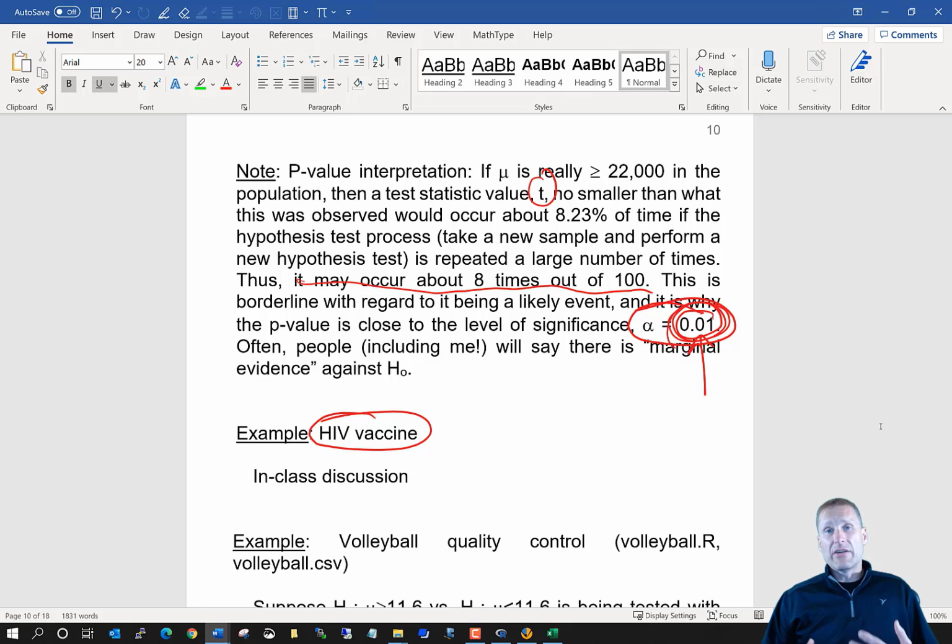Did it help prevent HIV infection? In this clinical trial, I think about 20,000 people were given this vaccine, I think in Thailand, and they were observed over a few years.